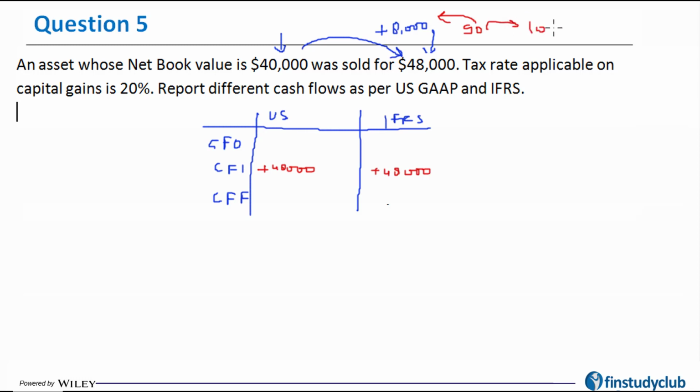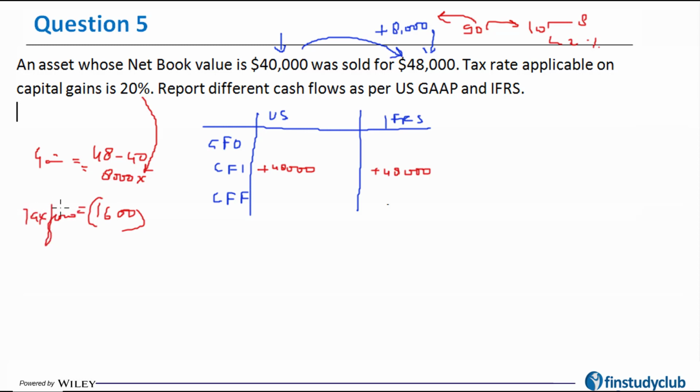Out of the balance 10, about 8 students would just stop the answer here and write 48 as one of the options, whereas it's only the balance 2% who will talk about the fact that there is a gain of 48 minus 40 equal to 8,000, multiplied by the tax rate.